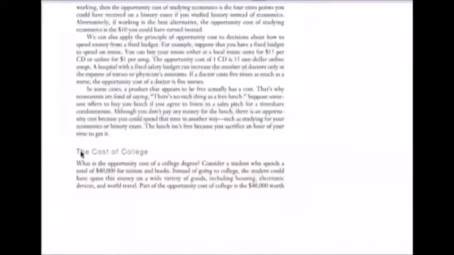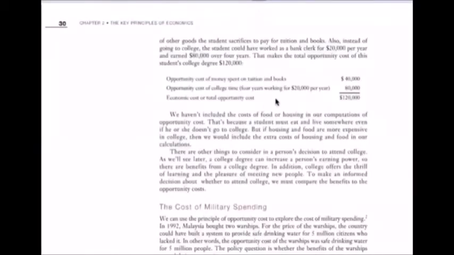Here's some examples. A classic example is the cost of college. When you go to college, you pay tuition, you pay fees, you pay room and board. You also give up income that you could have earned if you were working. For example, suppose you could have earned $20,000 a year if you were not in college.